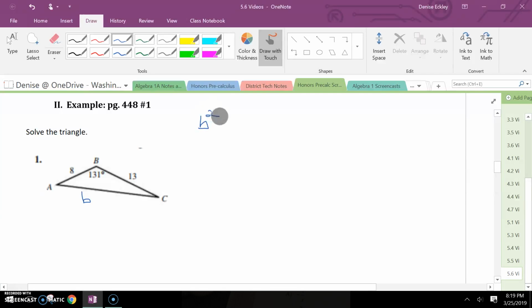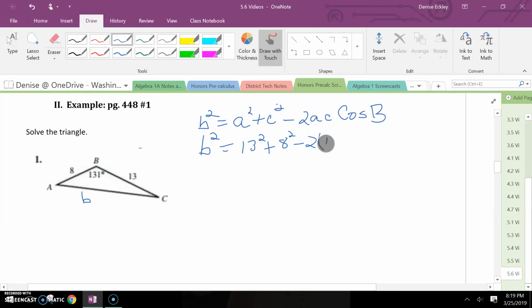So B squared is going to equal A squared plus C squared minus 2 times A times C times the cosine of angle B. So filling in everything, because we have all those parts, B squared is going to equal 13 squared plus 8 squared minus 2 times 13 times 8 times the cosine of 131 degrees.